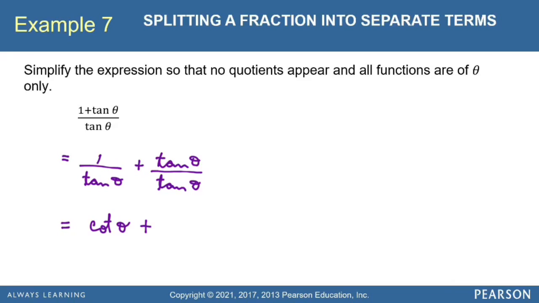And then we notice that tangent of theta divided by tangent of theta is equivalent to 1. And so for our final answer, we have cotangent of theta plus 1. That's not hard to do, right? This is one of my favorite strategies to use, to split the fraction into two terms and simplify separately.